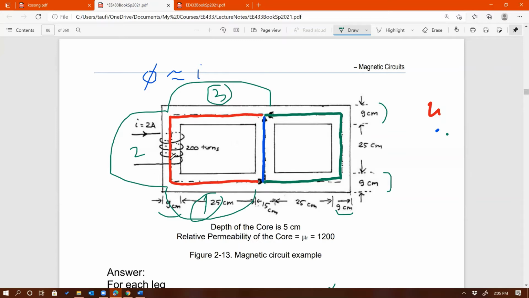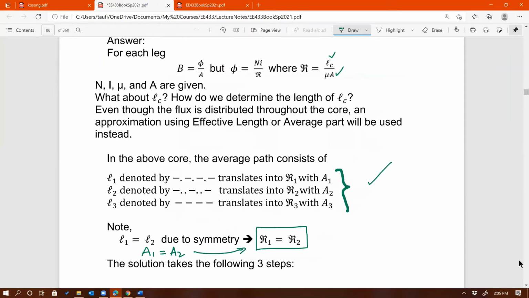For the left segment, the length is 25 plus 9 divided by 2 plus 9 divided by 2, so that's going to be 25 plus 9. So I have the smaller segments twice, plus 1 that has 9 plus 25 as the length.